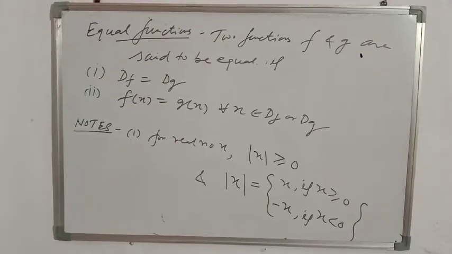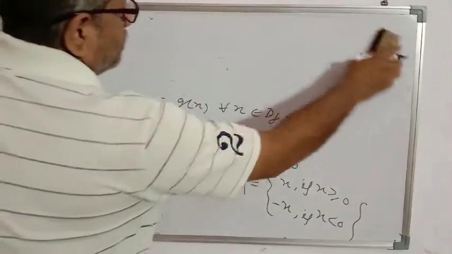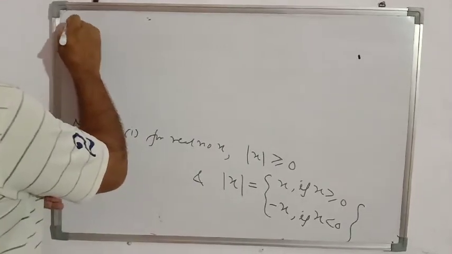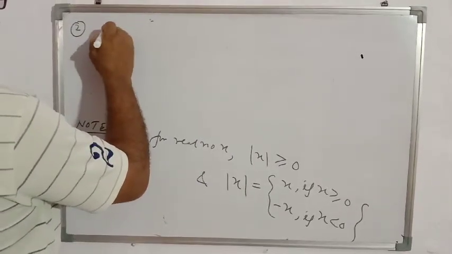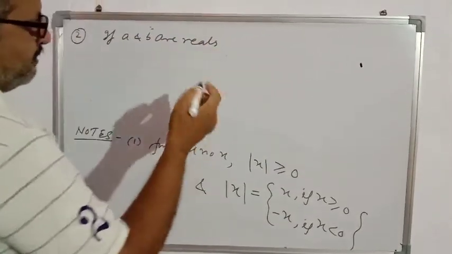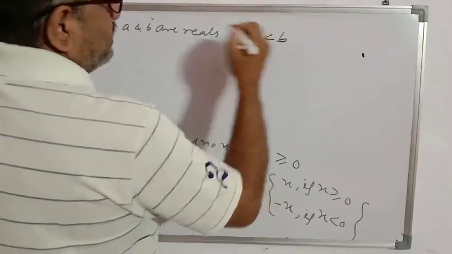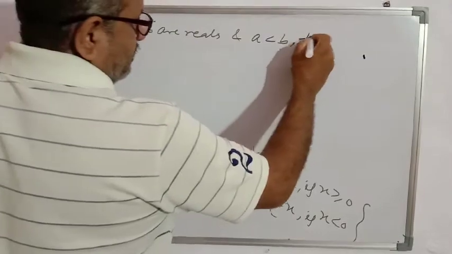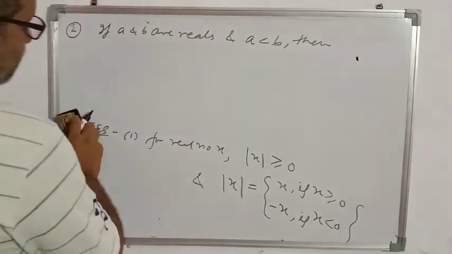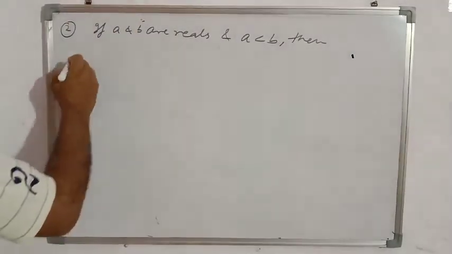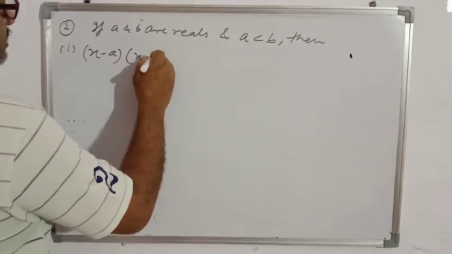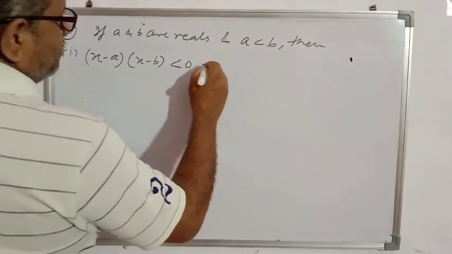Next point, second point. If a and b are reals, reals means real number, and a less than b, then first part, x minus a into x minus b less than 0.